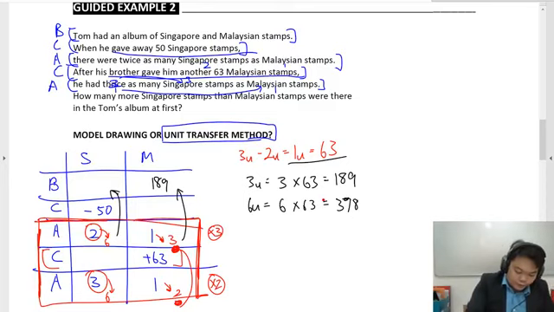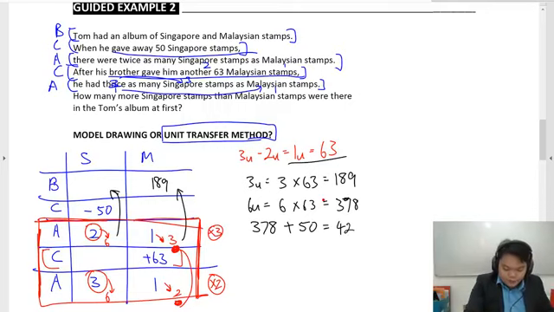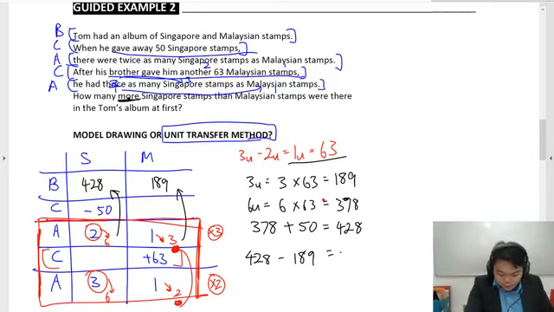So in order to find out that value, that has to be 378 plus 50 to give you 428. So once we have this, we can find out the difference already. It will just be 428 minus 189. So that will give you 239 over here.